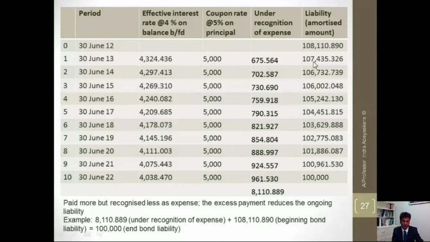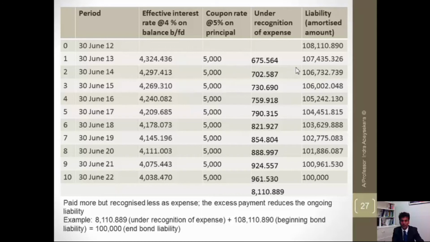Second year, our revised liability at the beginning of the year is 107,435.326, and the interest expense at 4% becomes 4,297.413. Cash interest payment is a constant 5,000 because it's based on the settlement value and the coupon interest rate. The company is paying more than what the market expects.